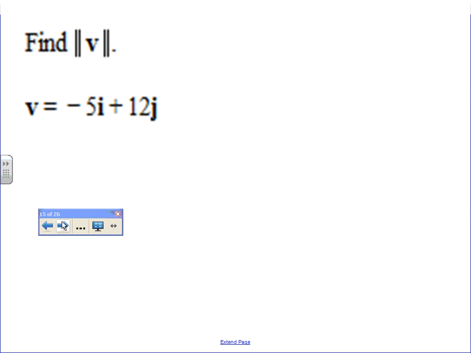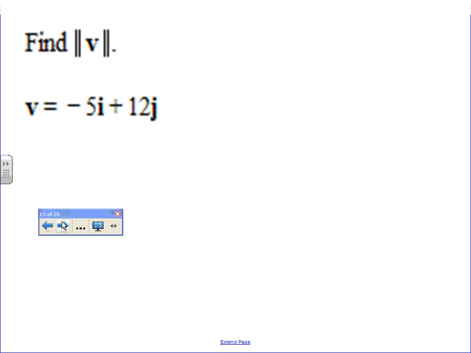All right. Now, let's look at this one. So we got a vector V, and this question's asked me to find the magnitude of the vector. Okay. So it's actually a pretty simple question. All we got to do is use that formula. Now, what's our components here of the vector? -5 and 12, right?